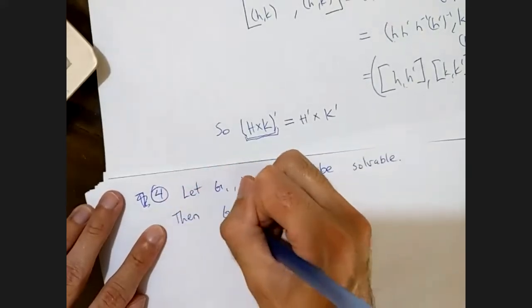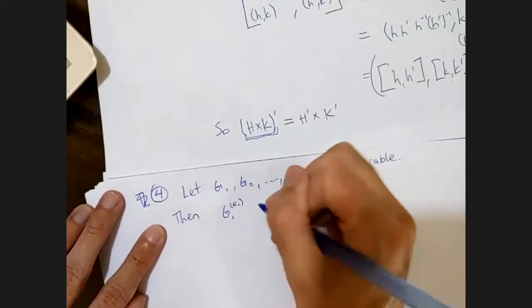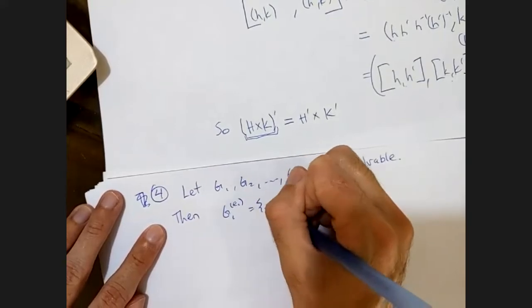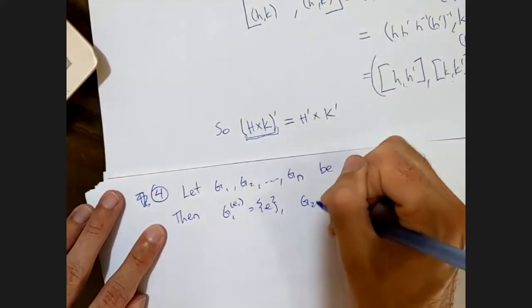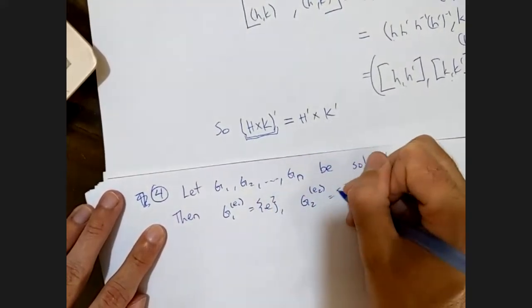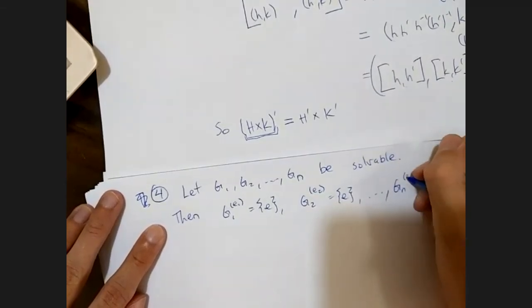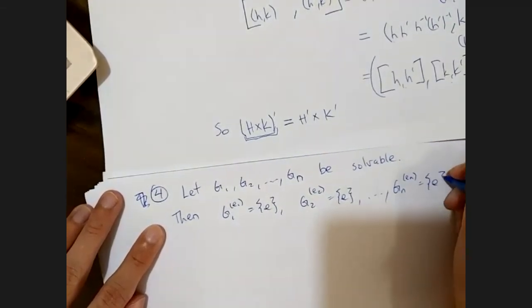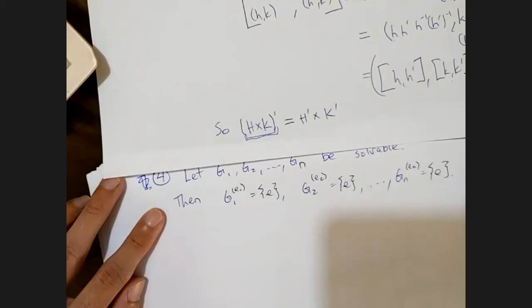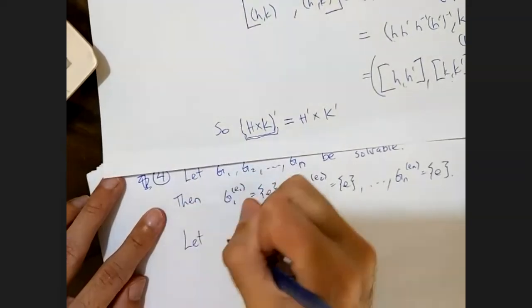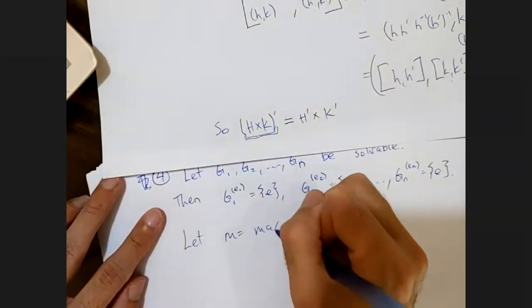So then G_1^{(e_1)} is trivial, G_2^{(e_2)} is trivial, and so on, G_n^{(e_n)} is trivial. And let m just be the maximum of all these e's.